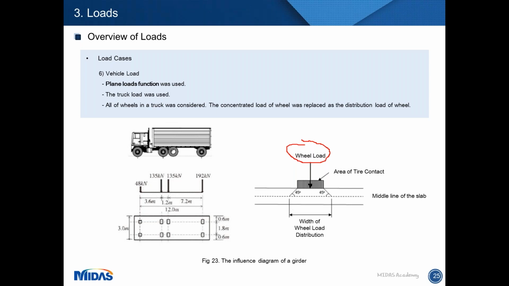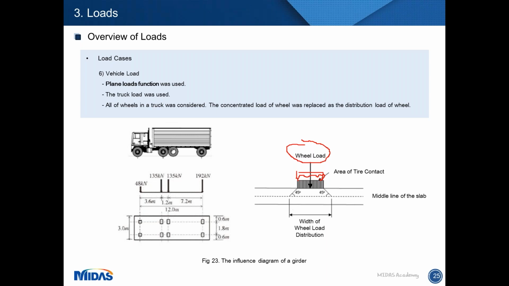The design code said the wheel load should be considered as a uniformly distributed load in the contact area. So the wheel load will be replaced as a distributed load like this. The contact area can be selected by an engineer as well.